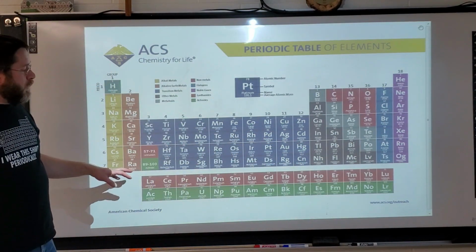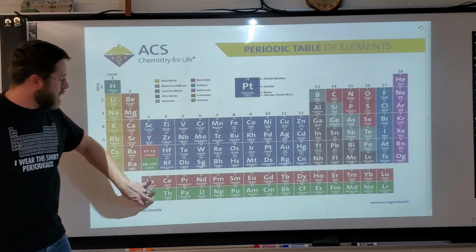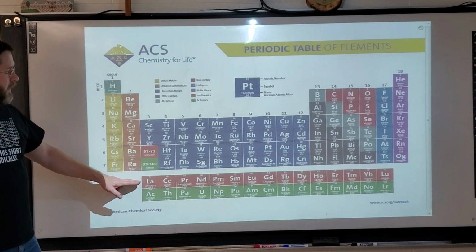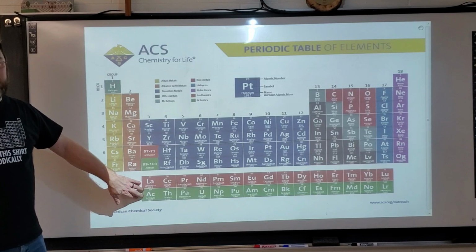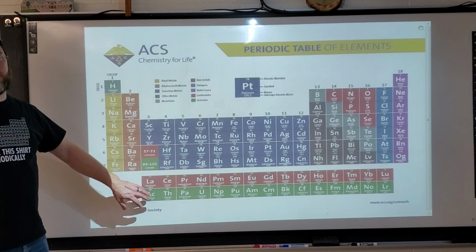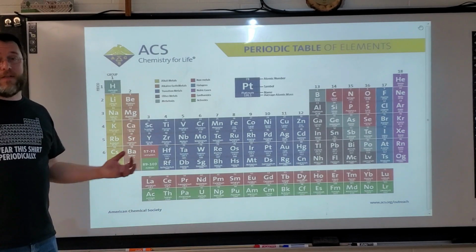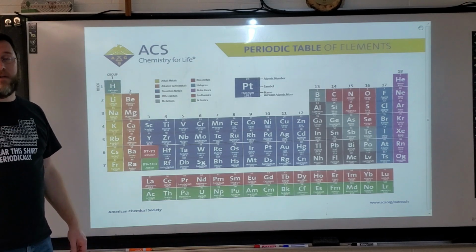Now there's a few other weird metals, and they're kicked out from the grid, and they're always positioned down here at the bottom. These are our lanthanides and actinides. These are essentially, not always, but generally man-made, and they're made in big particle accelerators, okay, where they're smashing tiny little things together.